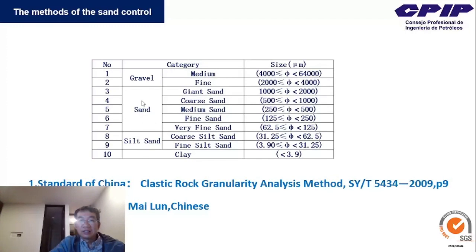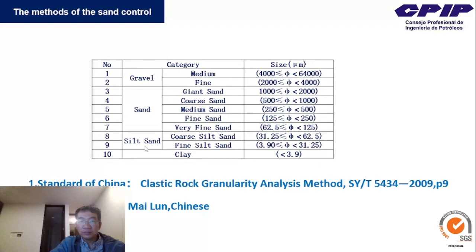And the sand, granule sand, the size means between 1,000 to 2,000, and coarse sand, the size between 500 to 1,000, and medium sand, the size between 250 to 500, and the fine sand, the size between 125 to 250. The very fine sand, the size between 62.5 to 125.